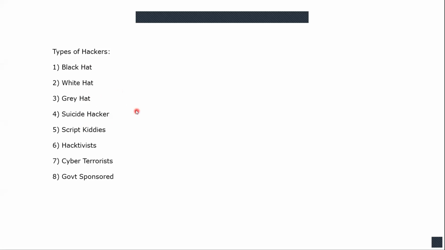They'll try to hack into an organization and they don't care even if they're caught. They just want to hack something for fun. Even if the cyber police catch them and they face a death sentence, they don't care, because they are psychopaths who just want to hack. So that is about suicide hackers.